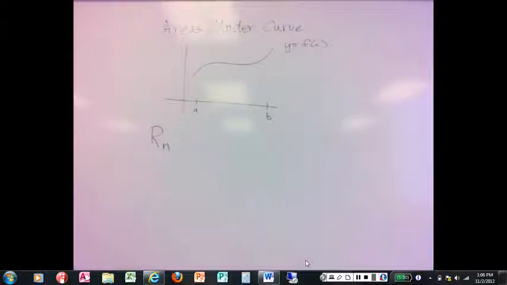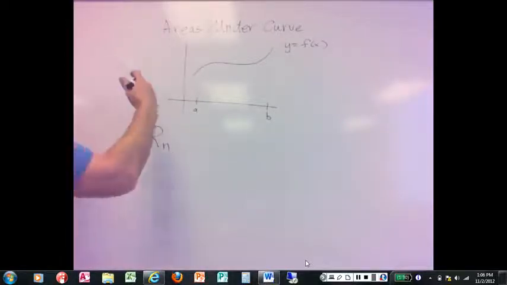So this is just kind of a generic form of what we were just talking about. I could have said L sub n, M sub n, just the very same, but R sub n, right-hand endpoints, n is the number of rectangles, so I'm using that to estimate the area of my curve.